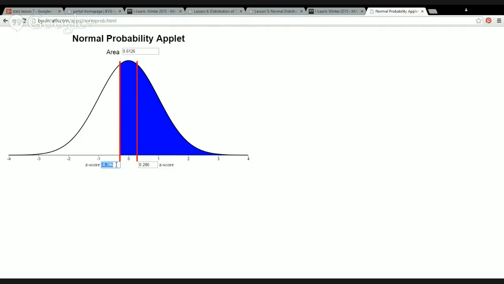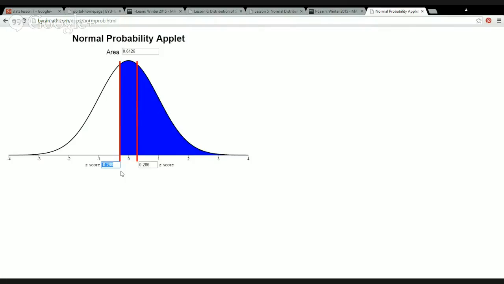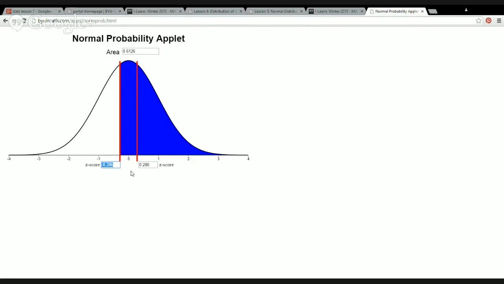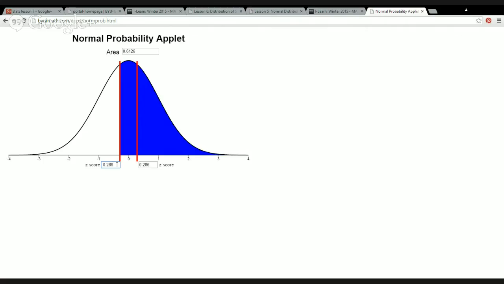Does yours do that? For the area part, or my z-scores? I put 2.857 in there. Is that right? Right, but mine automatically makes it negative 0.286. Oh, weird. I don't know why it does that. Yours doesn't do that? No. Okay, good. Well, let's go off of those numbers.